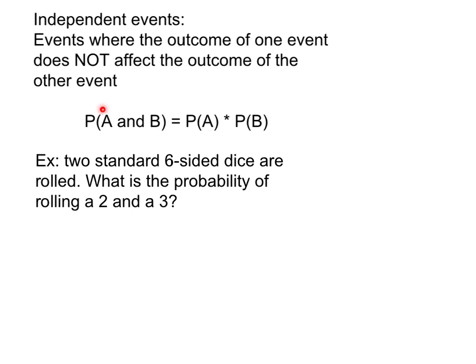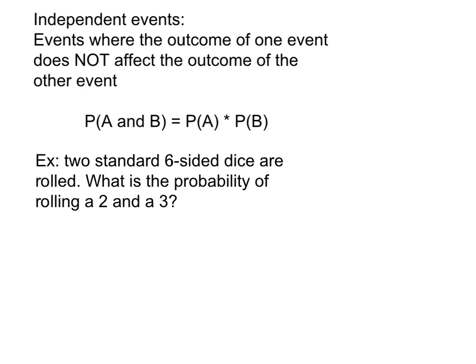So the probability of A and B both happening. And means they both happen. And then this equals P, the probability of A happening, times P, the probability of B happening. It's an easy mistake to make and think that means multiplication, but it does not. This symbol here is multiplication, but the parentheses do not mean multiplication.